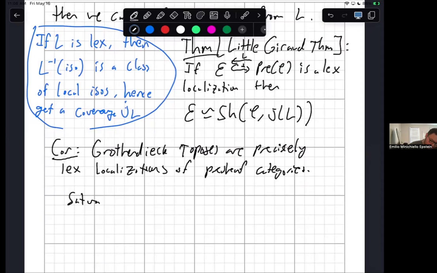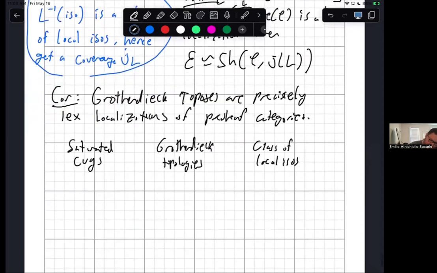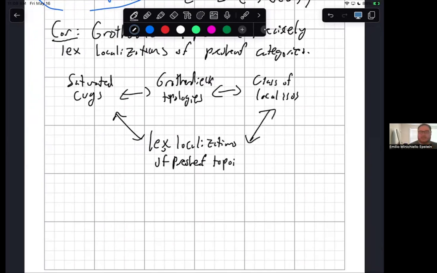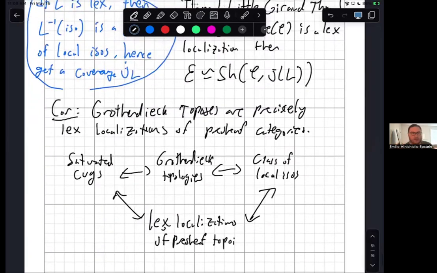So saturated coverages, Grothendieck topologies, classes of local isos, Lex localizations of pre-sheaf topoi: these are all in bijection, and they all describe all the possible sheaf categories on a site.